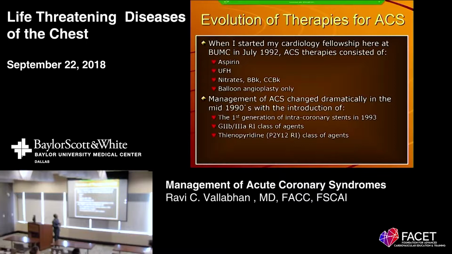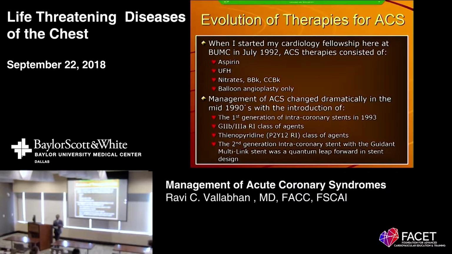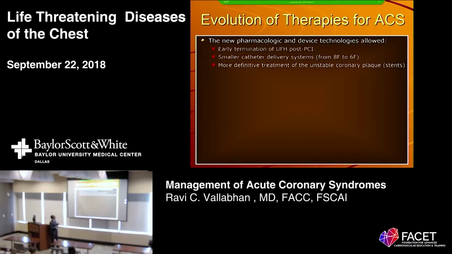The next big one was the introduction of glycoprotein inhibitors, which we'll talk about later. Then the thienopyridines, or what we call the P2Y12 class of agents. And the second generation of drug-eluting stents really did it right. It was a huge step forward, a quantum leap forward in stent technology. All of these things led to less heparin.